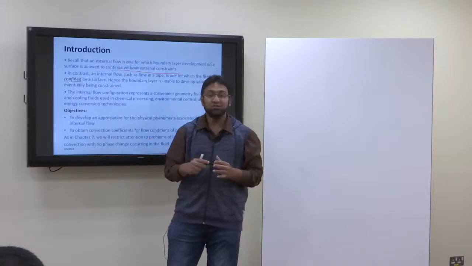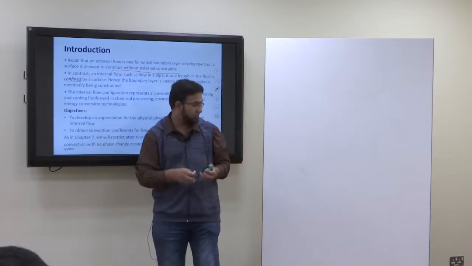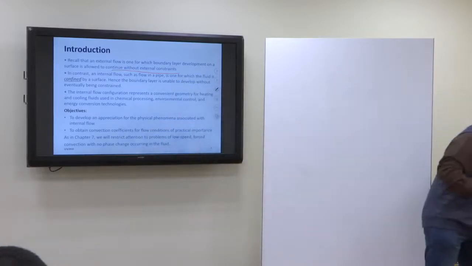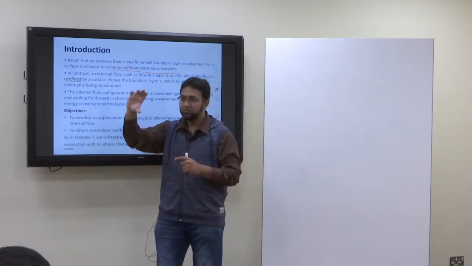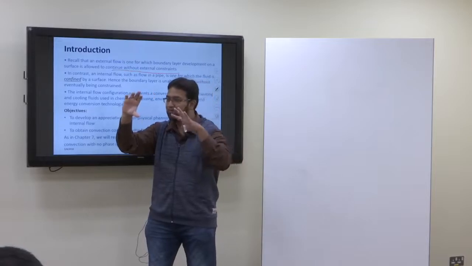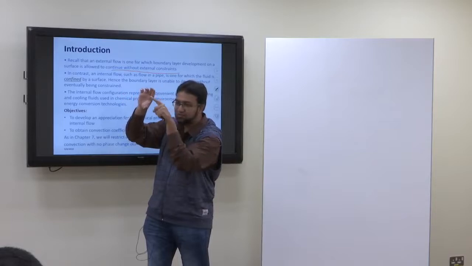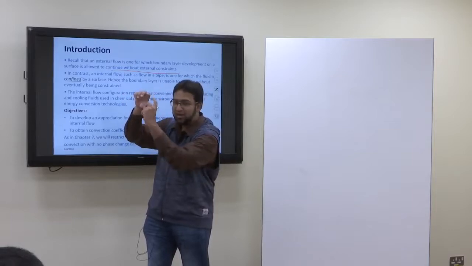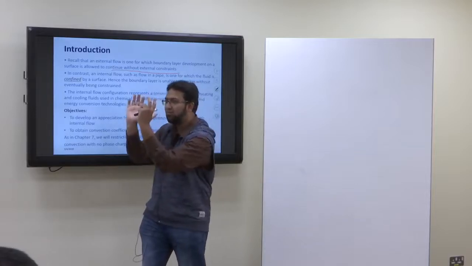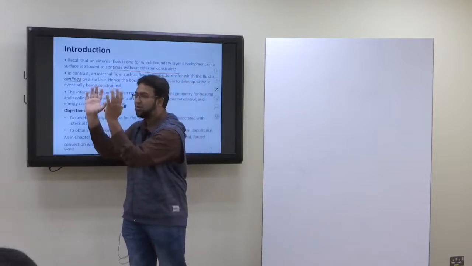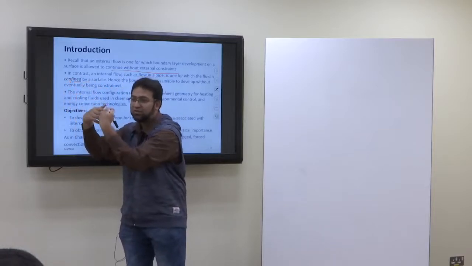But in the case of internal flows, if we have a pipe like this, let's say this is our pipe, and the flow enters the pipe, the boundary layer will start developing at the surface of the pipe, right? It will start developing in all directions, and keeps on developing until a time comes when all will merge together, and after that it cannot develop further.